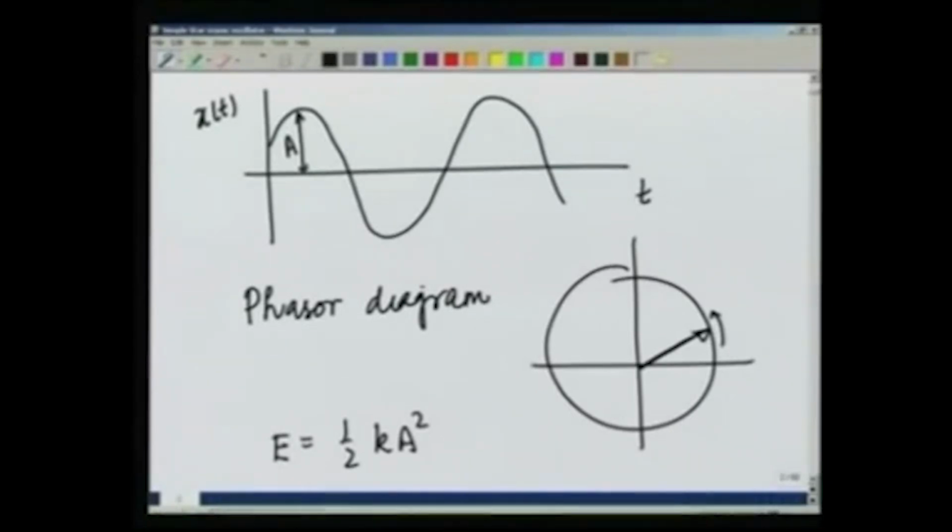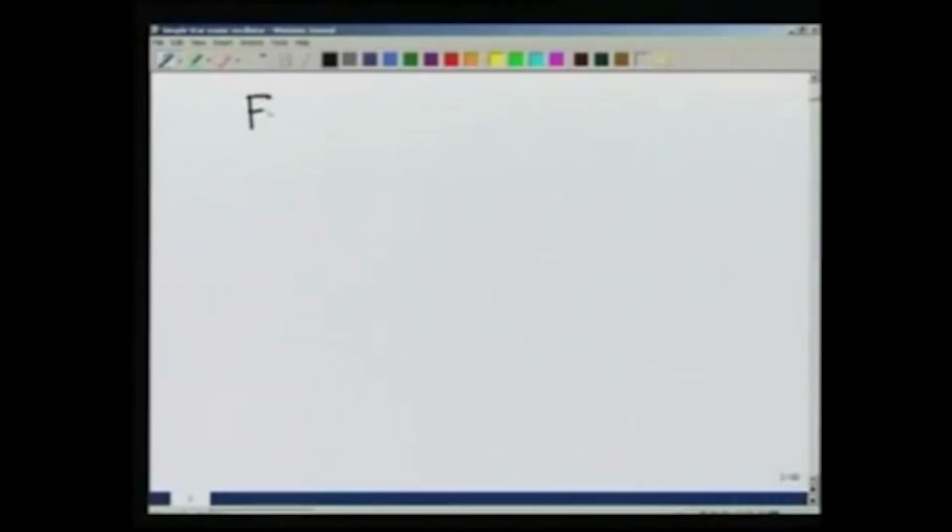In this lecture, a little complication to the system, and we are going to introduce friction and damping. I am writing these two terms separately because they are going to mean slightly different things.